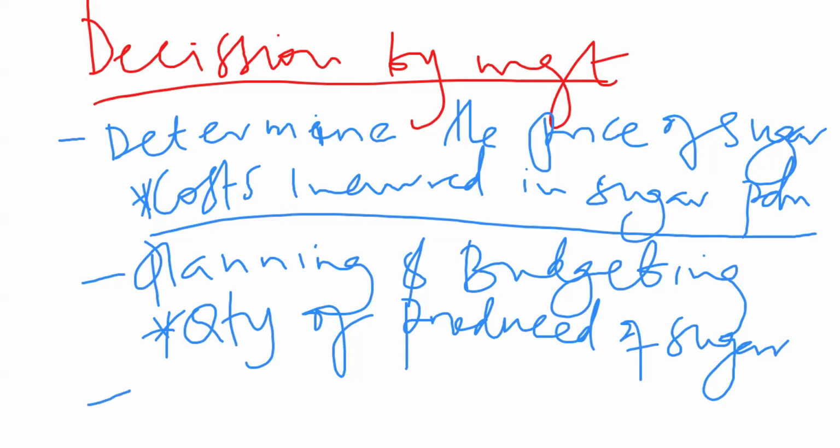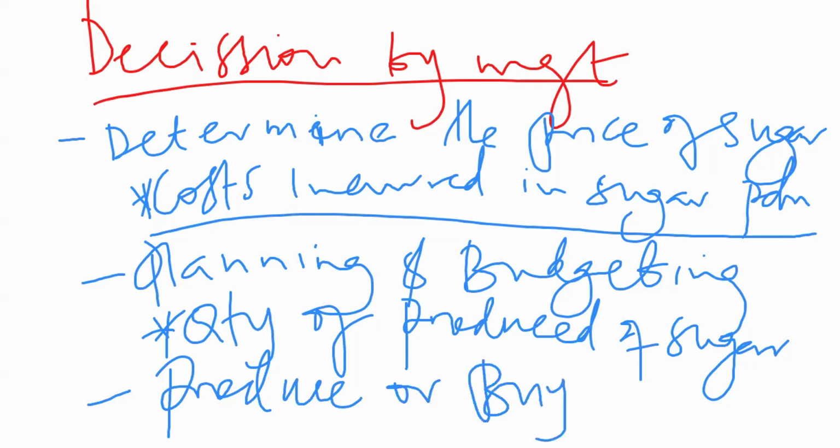Maybe they may want to make a decision on whether to produce or buy. In other words, we are going either to buy the outputs, or we are going to produce these ourselves. So the cost accountant will provide the costing information for the production of those different products.